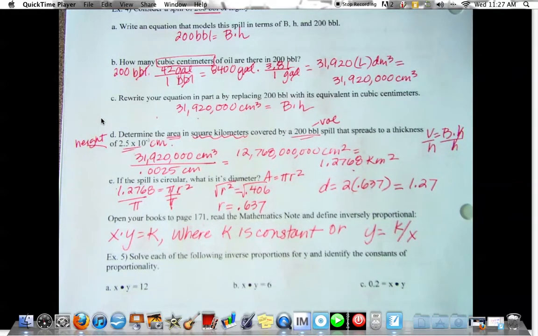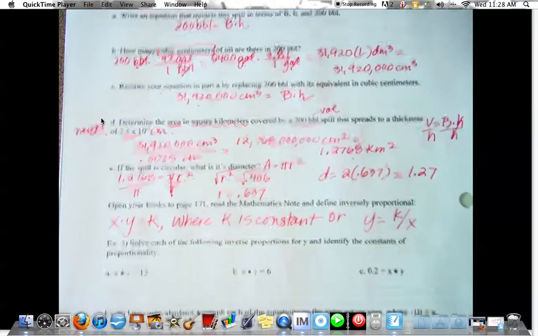This is different than being directly proportional, because an equation for being directly proportional is y equals mx. So you can tell just by looking at the equation, one is directly proportional, one is inversely proportional. You can also determine that they're different by their graphs.